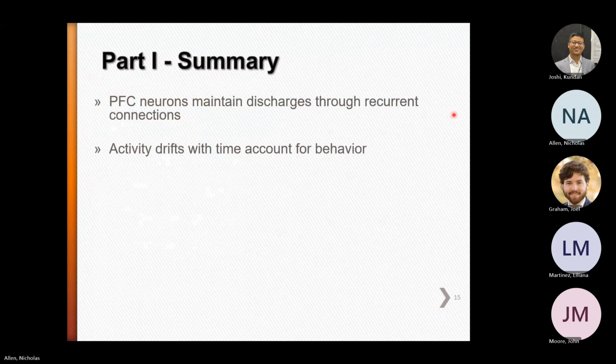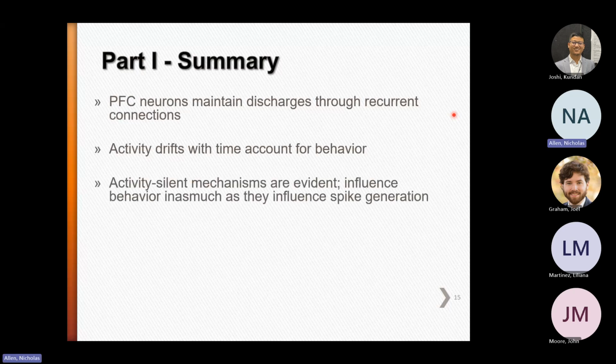Showing that activity may drift in the system, and these drifts, as a function of time, correlate in fact with behavior. And I showed you finally that activity silent mechanisms exist. They really exist. They're evident, but they influence behavior in as much as they allow it. Let me pause here.